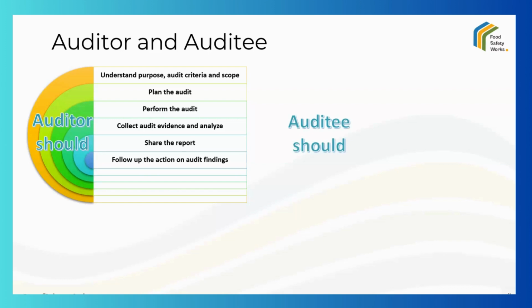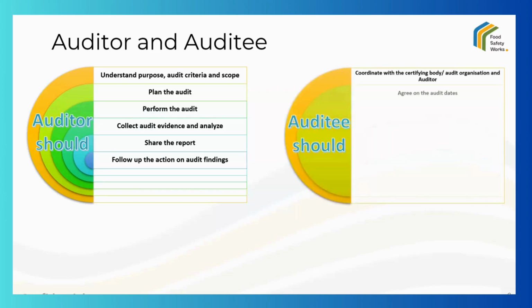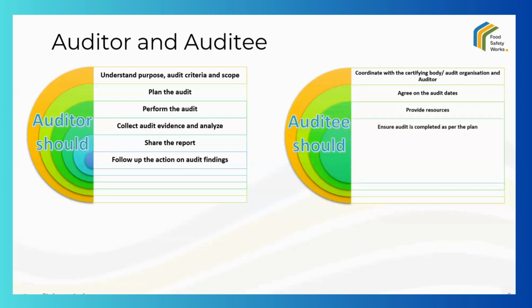On the other hand, the auditee should coordinate with the audit organization if it's a second party or third party audit, or with the auditor on the audit dates and the audit plan which is shared by the auditor, and provide necessary resources to the auditor, to ensure that the audit is completed as per the plan.